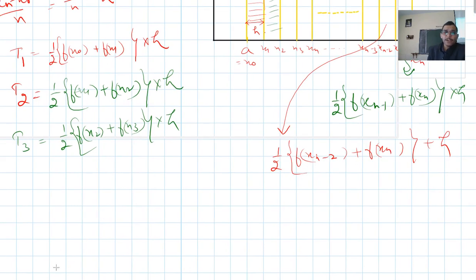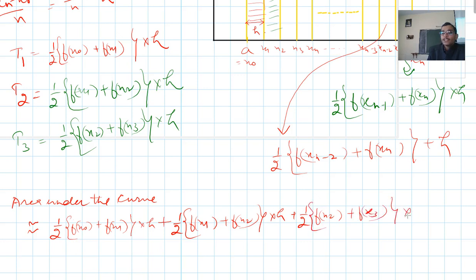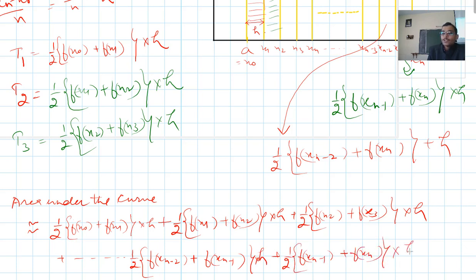So the area under the curve is nearly equal to 1 by 2 f of x naught plus f of x1 into h, plus 1 by 2 f of x1 plus f of x2 into h, plus 1 by 2 f of x2 plus f of x3 into h, and so on, plus 1 by 2 f of xn minus 2 plus f of xn minus 1 into h, plus 1 by 2 f of xn minus 1 plus f of xn into h.